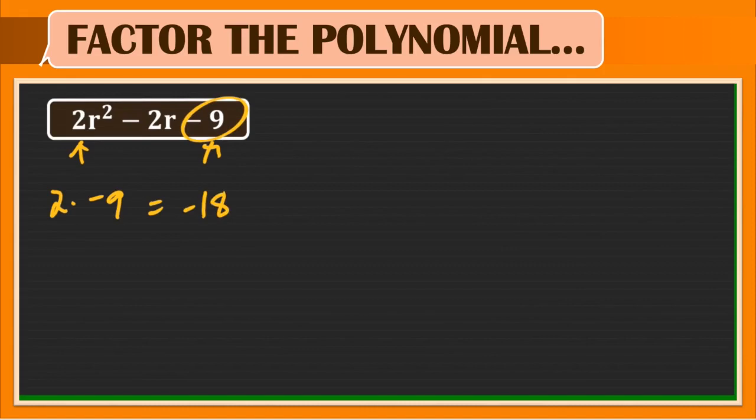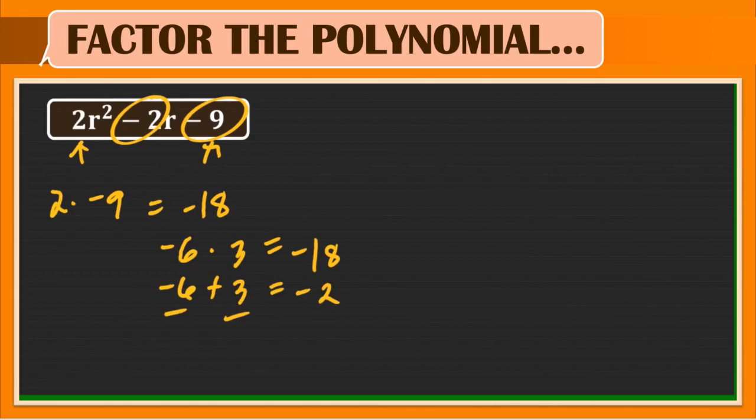Then we will find factors of negative 18, which sum is negative 2. Therefore, for the factors of negative 18, the bigger digit should have the negative sign. We can have negative 6 times 3, right? That's negative 18. And we know negative 6 plus 3, that is negative 2. So we are going to use negative 6 and 3 here.